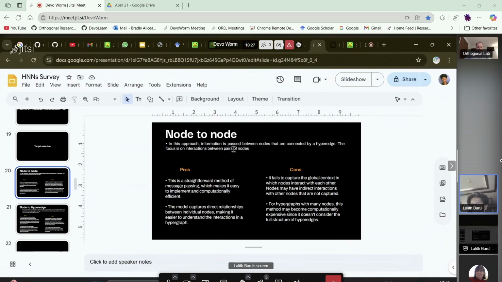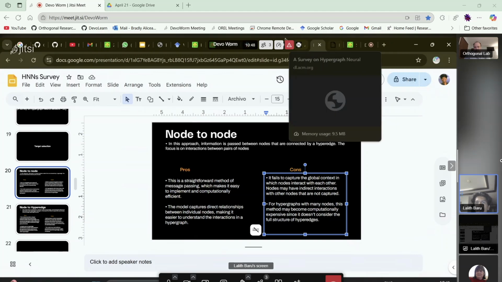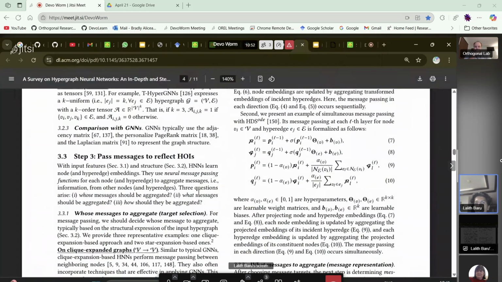The main disadvantage is that we again get a dyadic interaction, and the higher order or indirect interactions are not captured. It may also become computationally expensive because it does not consider the full structure of the hyperedges. Those are the main differences in clique expansion.